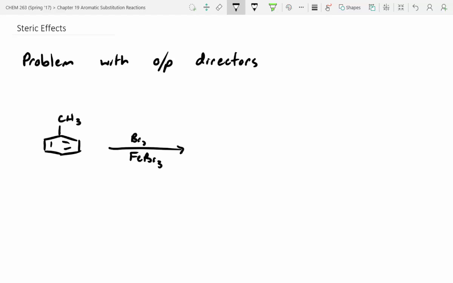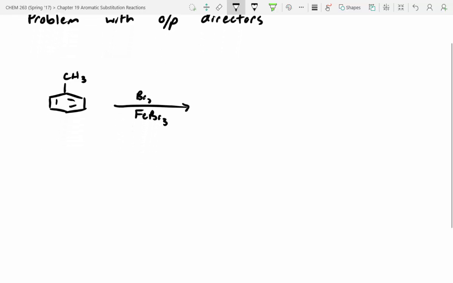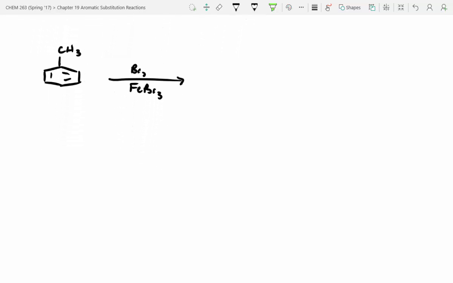Which site's going to be brominated? The ortho position or the para position? Okay, I'll give you guys a minute to chew on that, and then I'll give you a different example. Tert-butylbenzene.